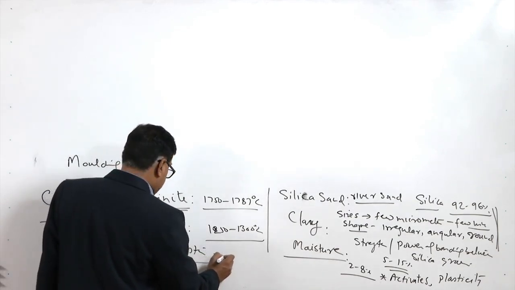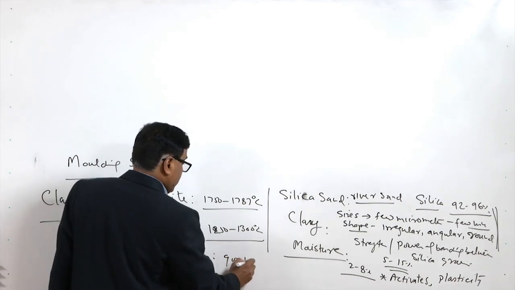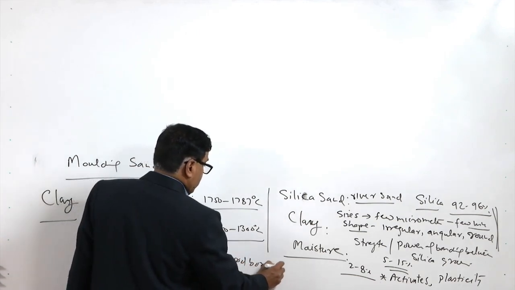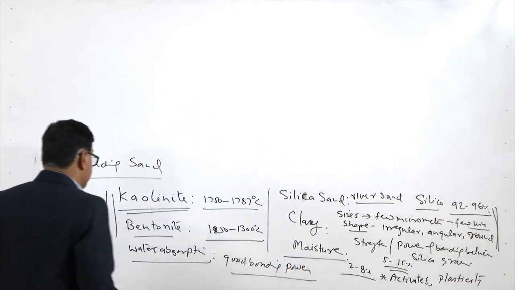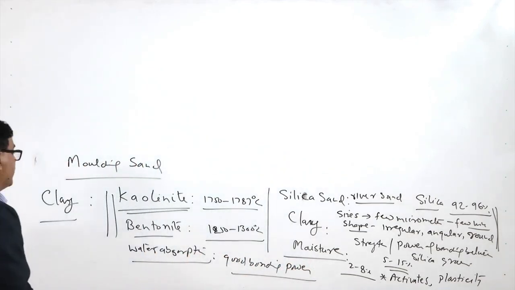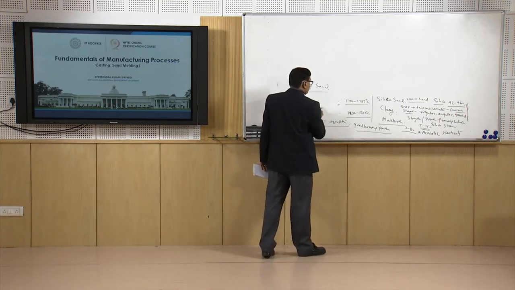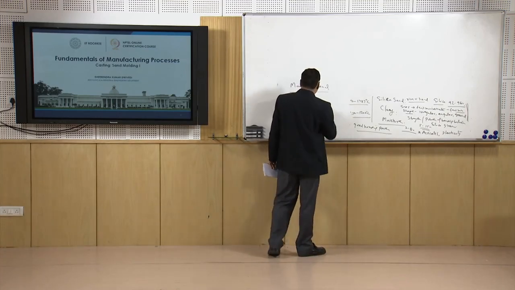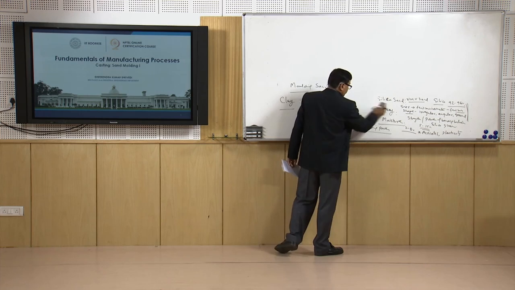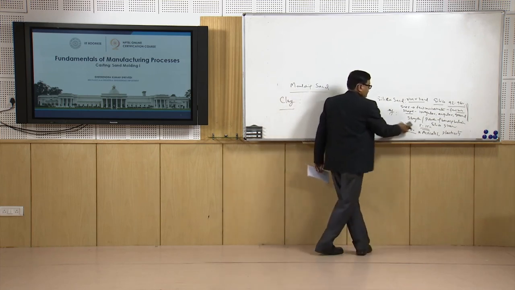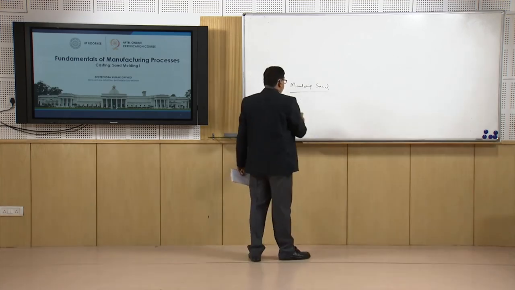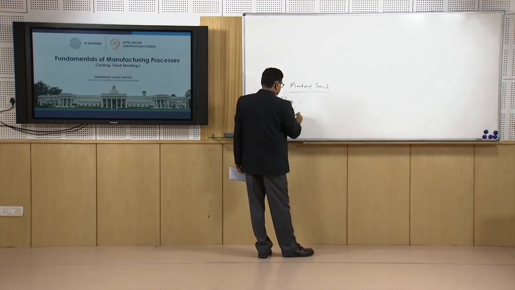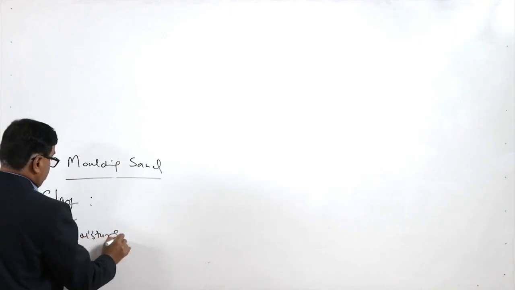So, this results in good bonding power for the molding sand. That is why bentonite is preferred over kaolinite for low temperature casting systems or metal casting. Coming to the moisture, that is another important thing.